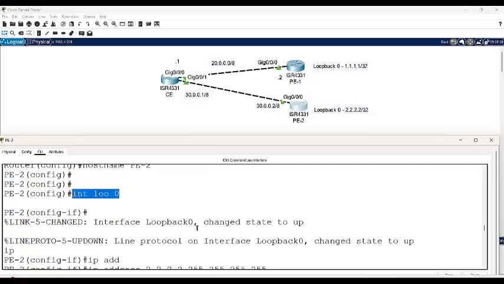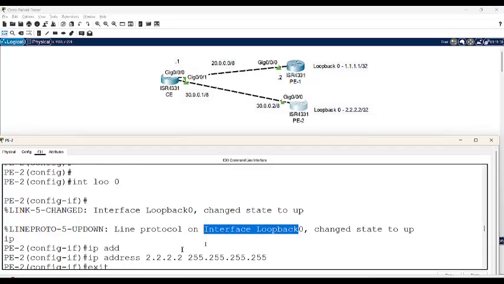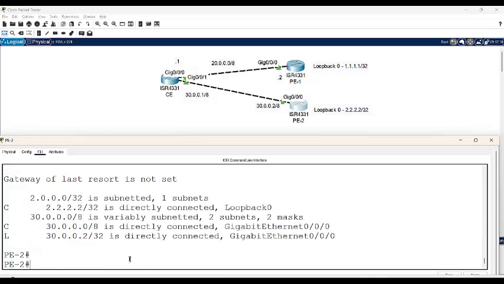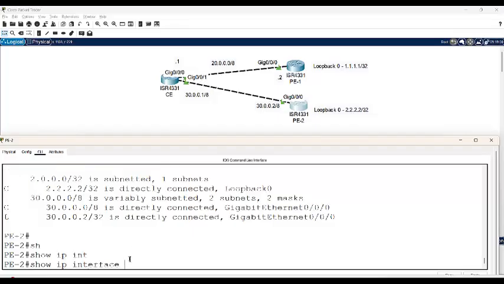Okay. When I say interface loopback, it automatically created interface loopback. And then see, I just saw these three lines. See, I'm inside. Inside what? I'm inside the interface, which interface? Loopback interface. And I gave the address. You can also see the same when you type show IP interface brief.